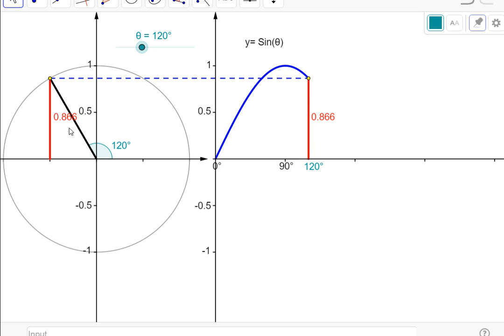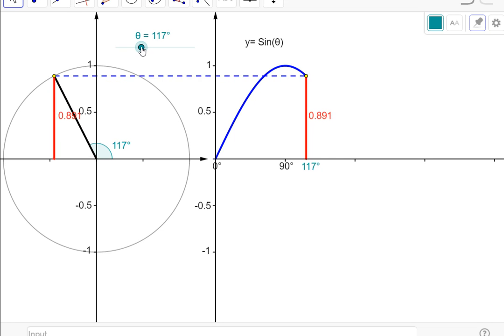So I'm getting the same y output when I go around to 120 degrees. What other ones should give me similar ones? Well, I should get negative 0.866 if I go down 60 degrees off of the negative axis here. So what would that be? That would be 240 degrees.